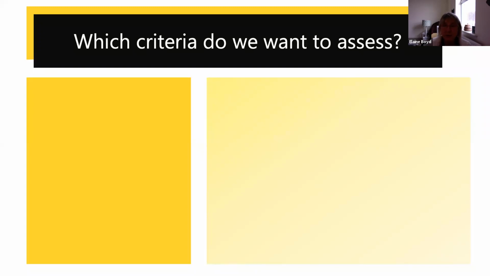And so when we look at which criteria we want to assess, we want to somehow tackle that, not by judging them more on what they find difficult, but by judging them less on what they find difficult and more on the things that they can do. Because what we're trying to do with the young learners is get their heads into a space where they want to write and where they want to achieve something in writing and they feel confident in their writing.